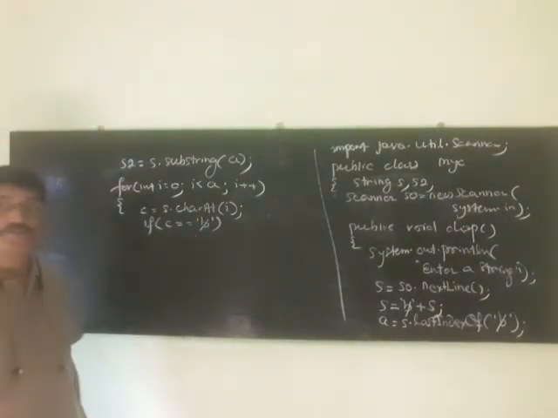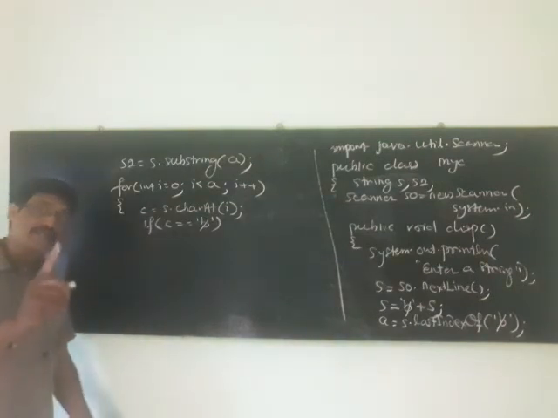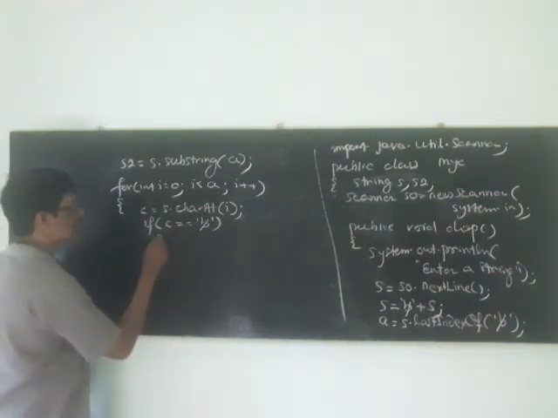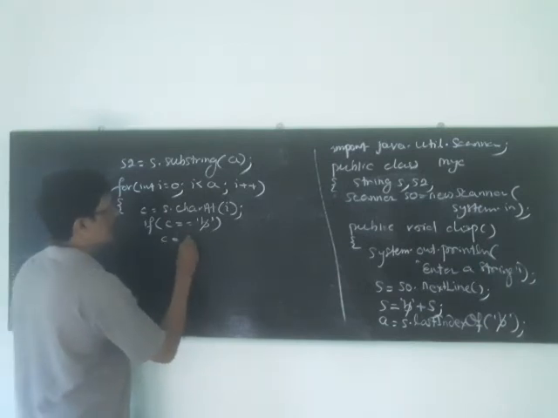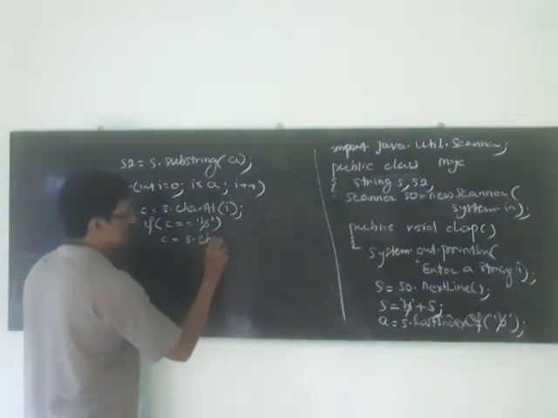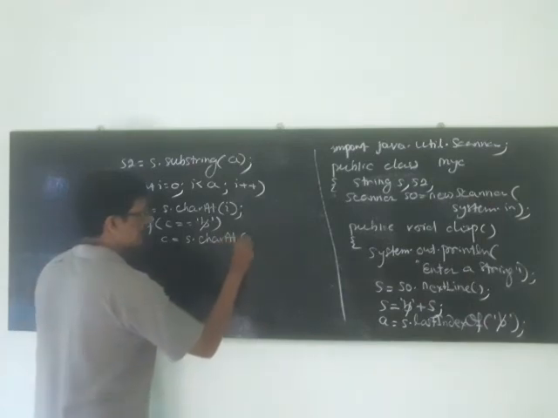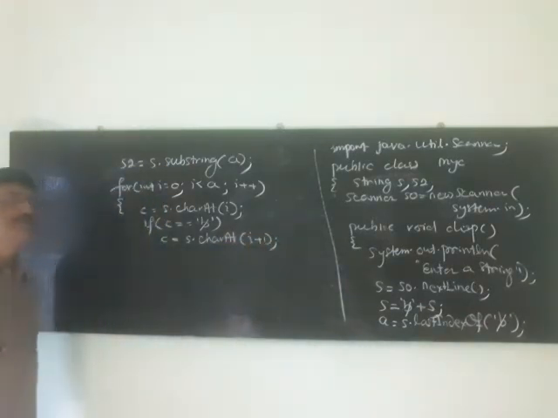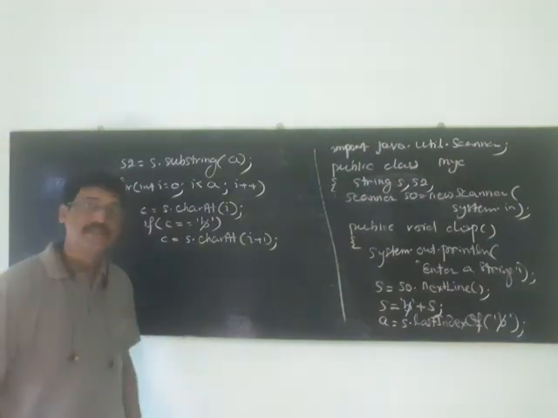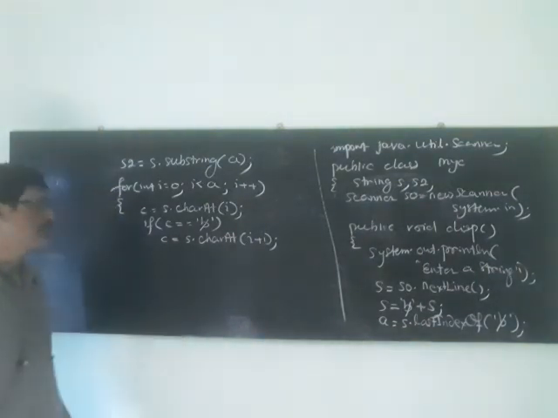If c is equal to space, then you select the character present next to it, that is c is equal to s.charAt(i plus 1). If it is a space character, then select the character present next to it.